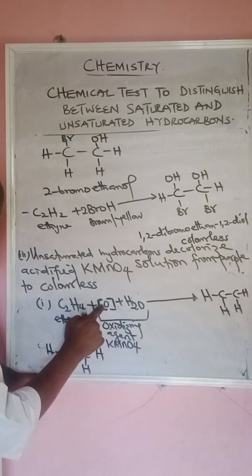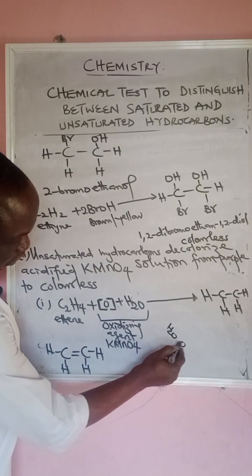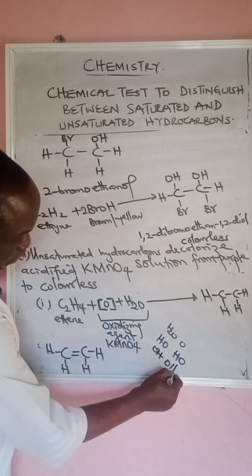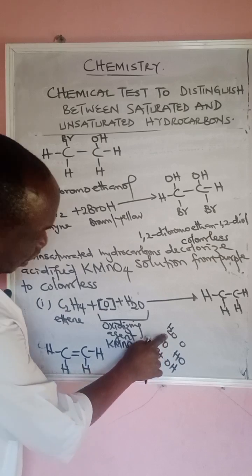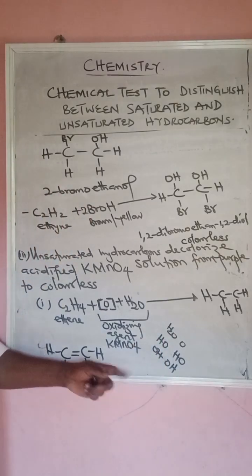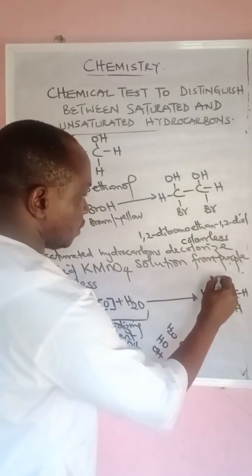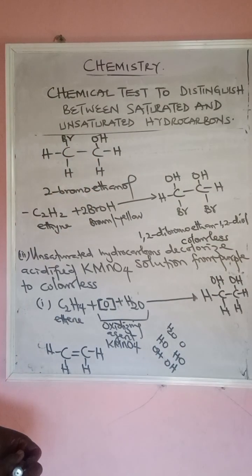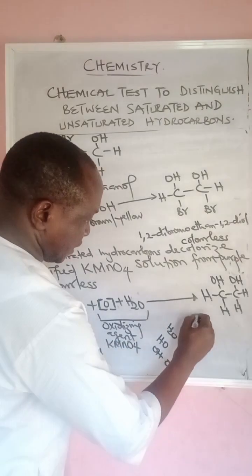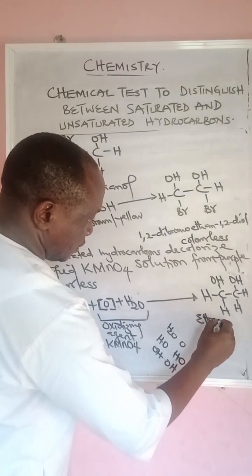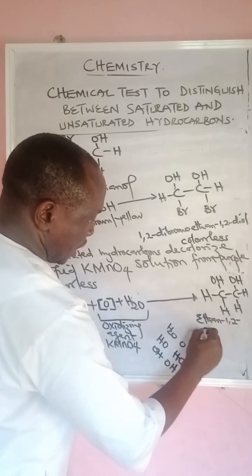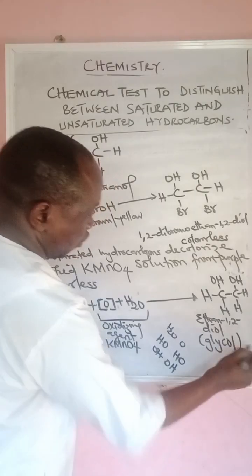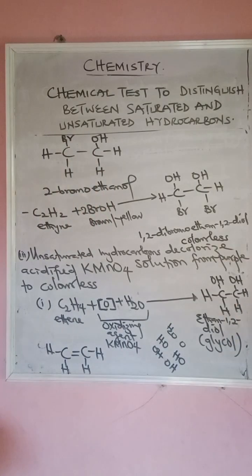The water and O will be HO, another HO, meaning OH, making 2 hydrogen atoms. So you put one OH here, you put another OH here. And this is the formula for glycol. So the formula is ethan-1,2-diol, known as glycol.